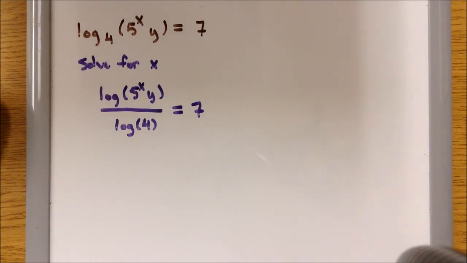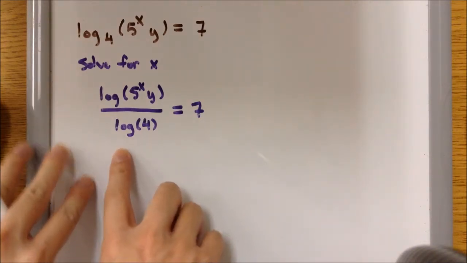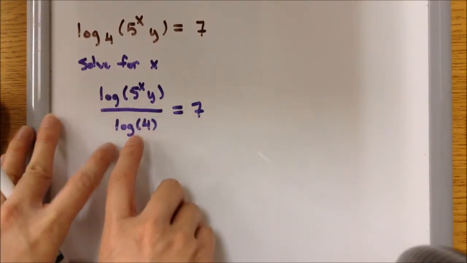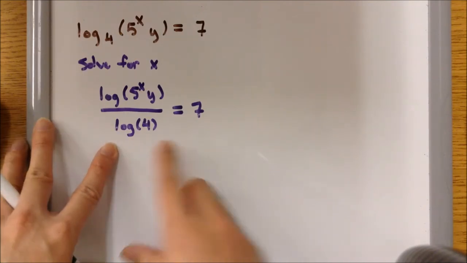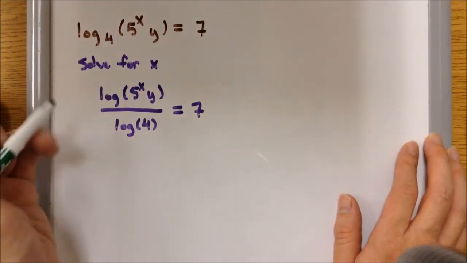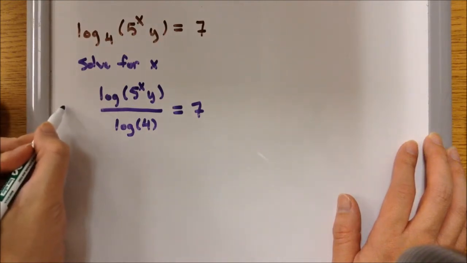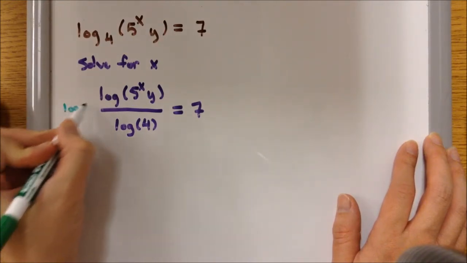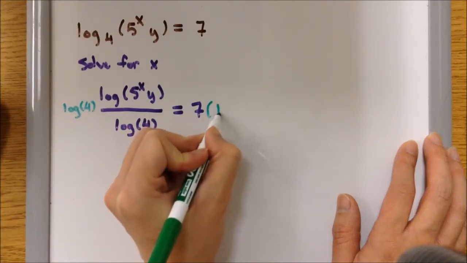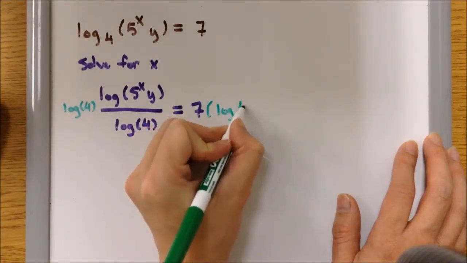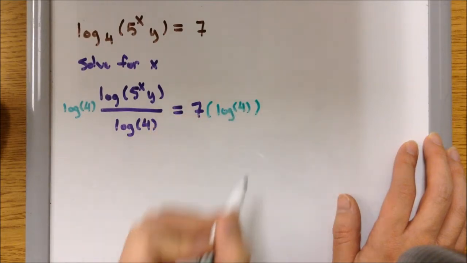Next, I want to basically get rid of the fraction. So this means I have to get rid of the denominator. So what I'm going to do to get rid of the denominator is multiply both sides by log of 4 on the left, and then multiply log of 4 on the right.